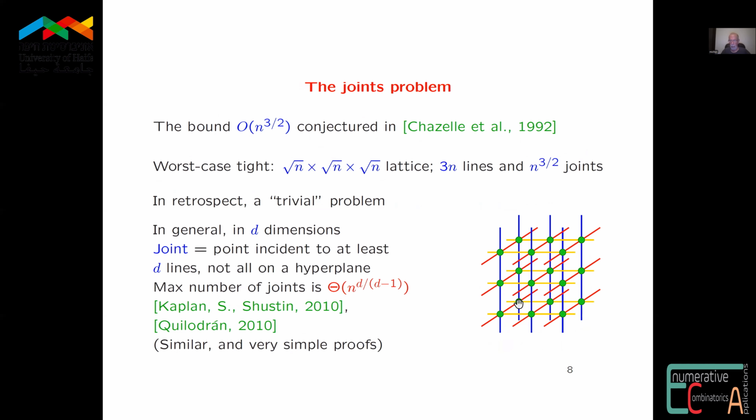Later, in two papers, one with Kaplan and Shustin and one by Quilodrán, that were published more or less at the same instant, we found a very easy proof of the bound. So the number of joints is always at most n to the 3/2. I will not go into more details here, but the problem itself will come up later.